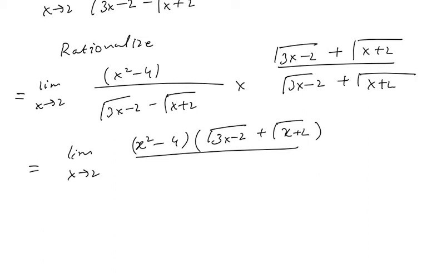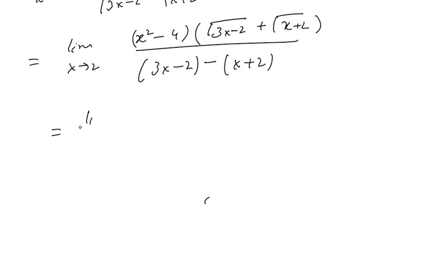You will be multiplying these two denominators, and when you multiply this 3x minus 2 with this 3x minus 2, you will be having a 3x minus 2, and you will get rid of this square root, and a minus between two fragments, and the second fragment will also be treated the same. You will just get rid of the square root.